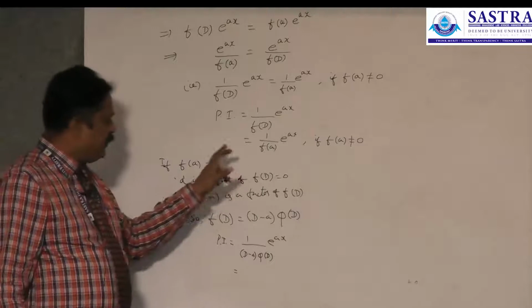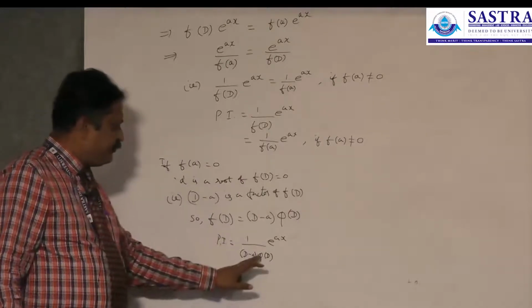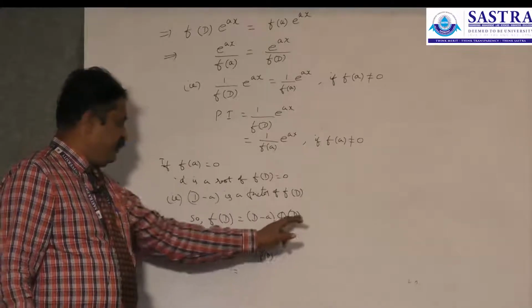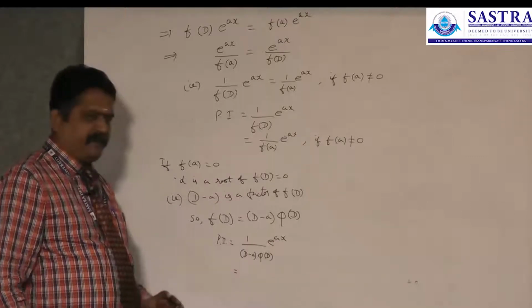Now the particular integral becomes, actually what is particular integral? 1 by f of d e power ax. But f of d is factorized as d minus a into phi of d. So 1 by d minus a phi of d e power ax.